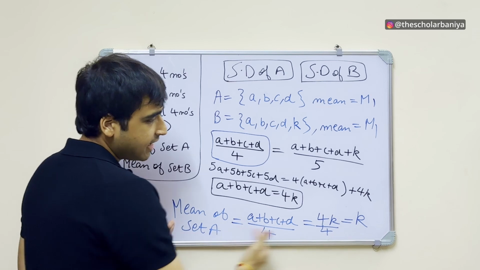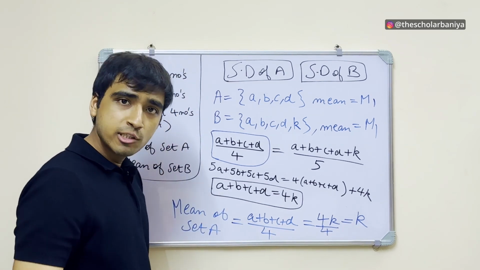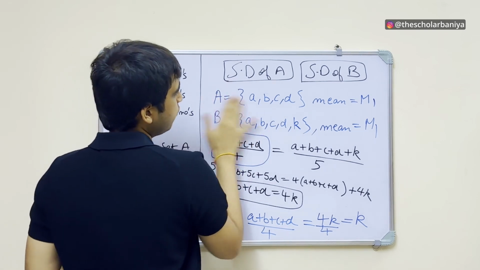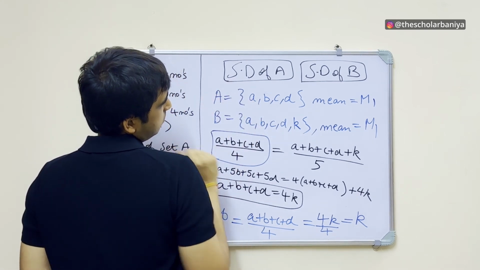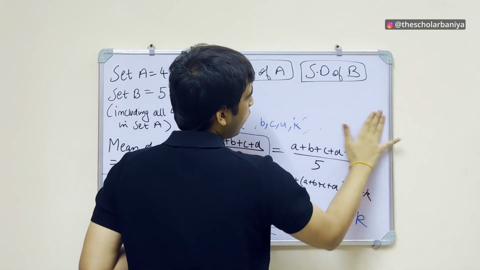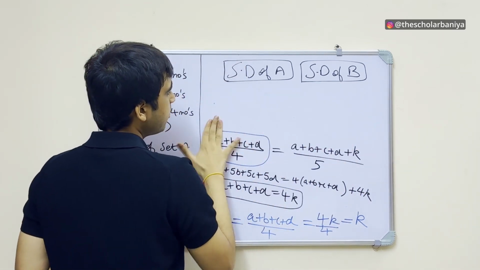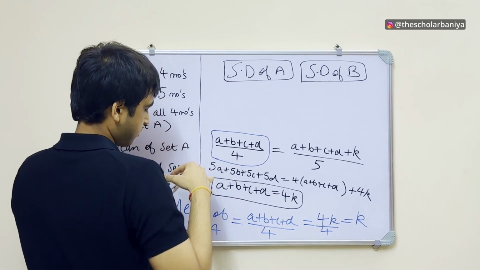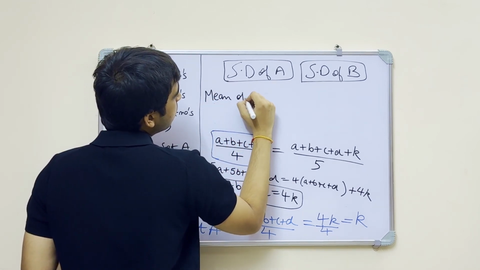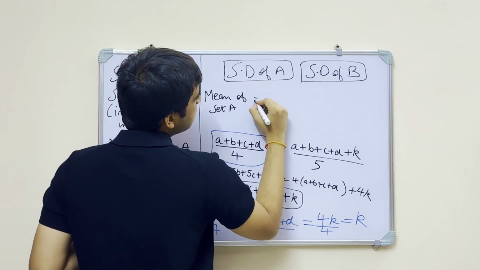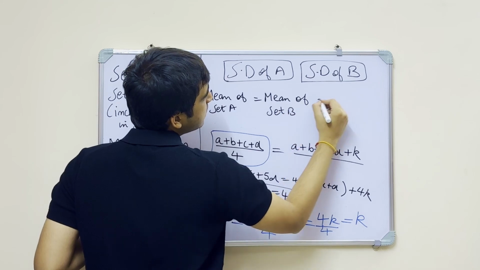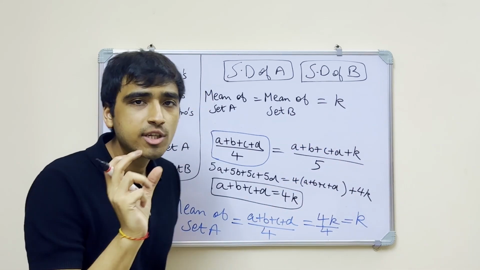So the mean of set A is equal to K. And we also know the mean of set B is equal to the mean of set A. So we can say from here that the mean of set A is equal to the mean of set B, which is equal to K. And what was K?